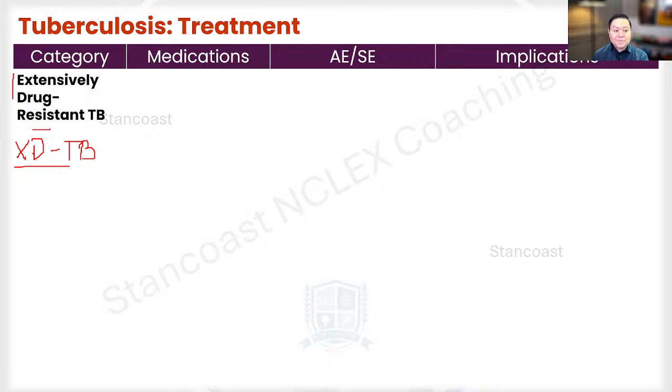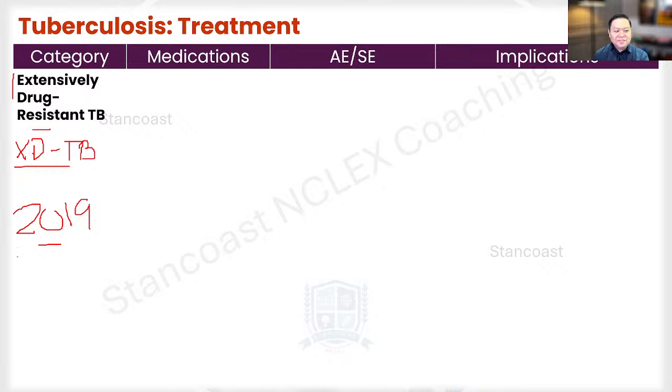And like I've said, it can lead to death, short life expectancy. Now, guys, what are we going to do with this patient with extensively drug-resistant TB? Well, in 2019, this is actually recent. How recent? How many years ago was that? About 4 years ago? Yeah, but I still consider that as recent.